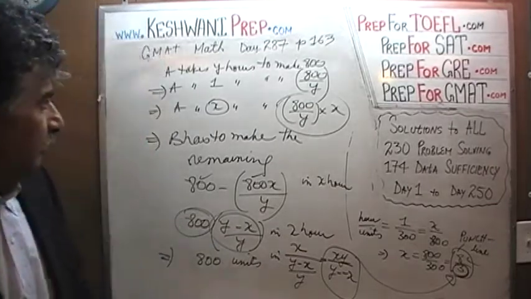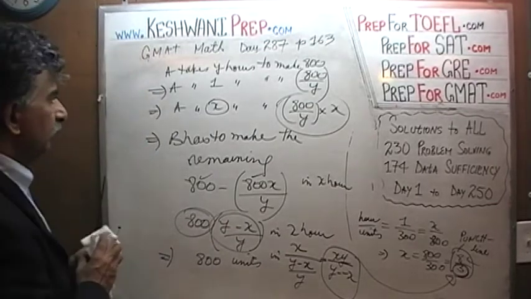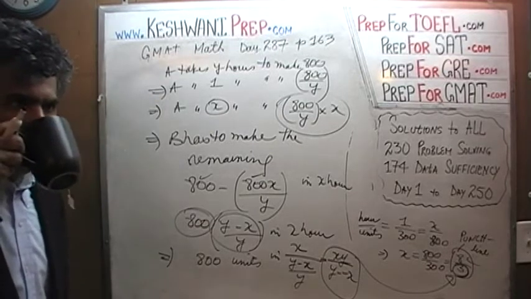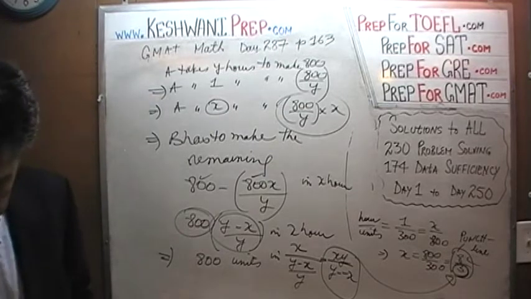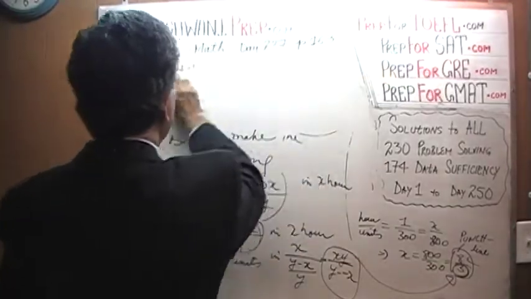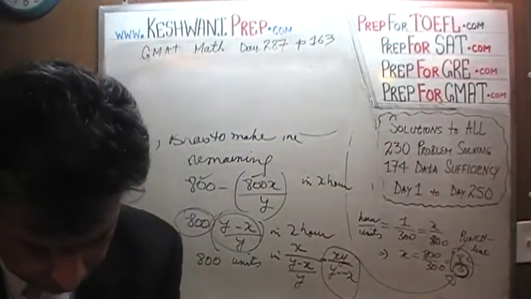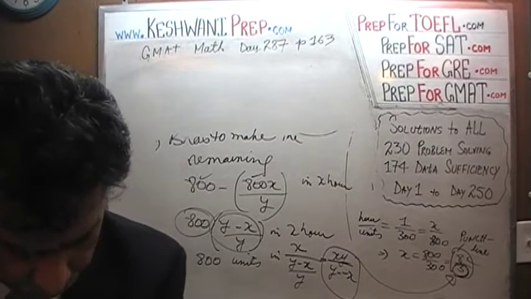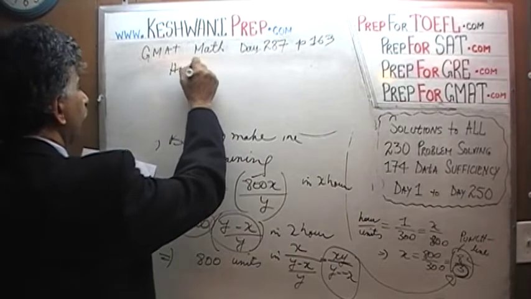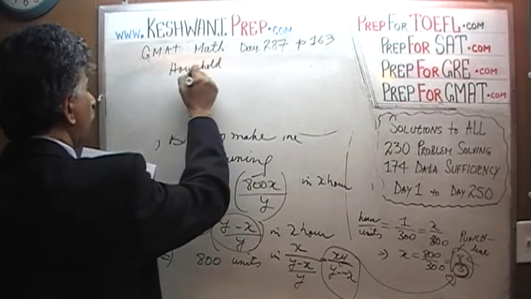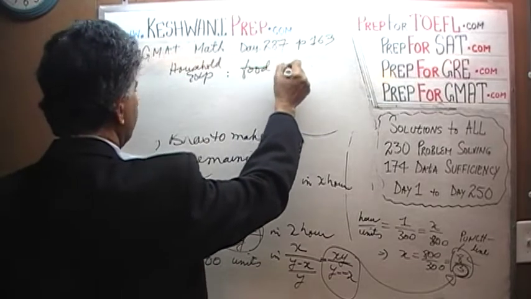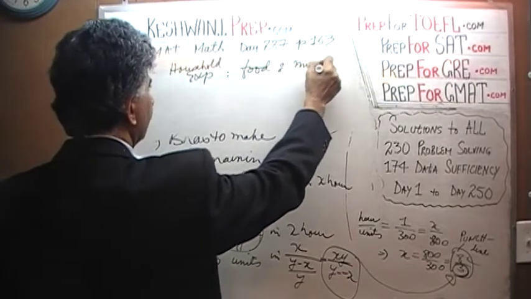Let's do the very last problem in the book. Just give me a second. The very last problem actually is very childish. In the very last problem, number 82, we have household expense, we have food, and we have miscellaneous stuff.